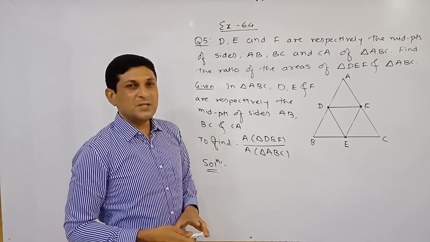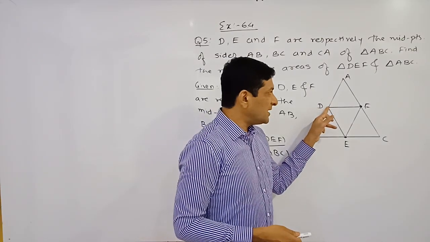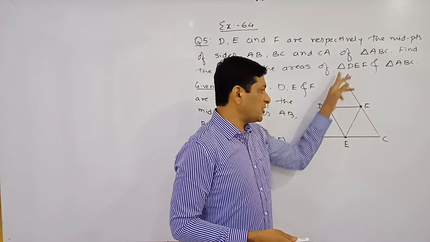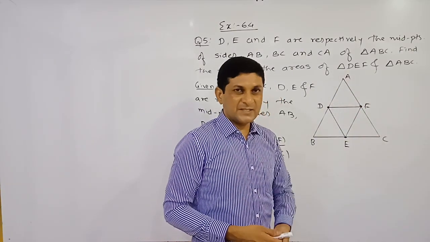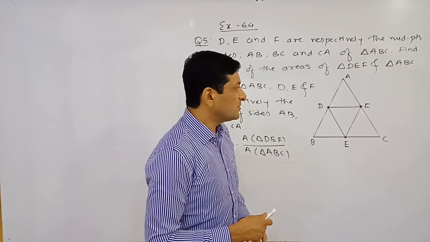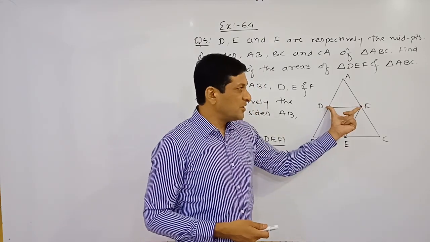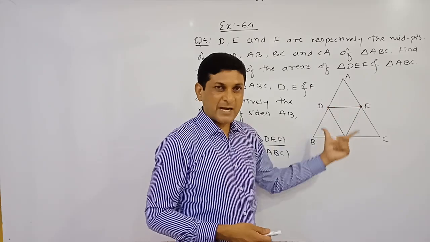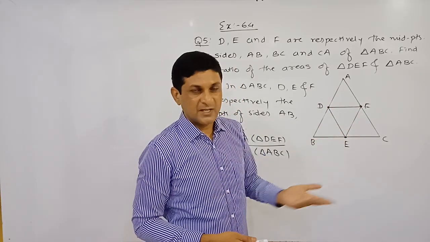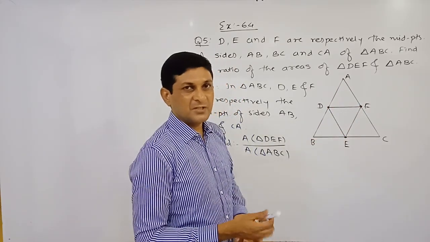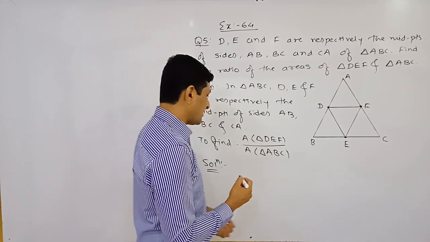Now here it is given to us that D and F are the midpoints of sides AB and AC. So we know that the segment joining the midpoints of two sides of a triangle is parallel to the third side and half of it. Means we are applying here the midpoint theorem.